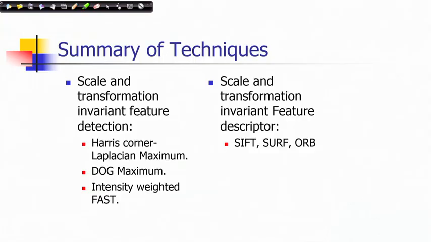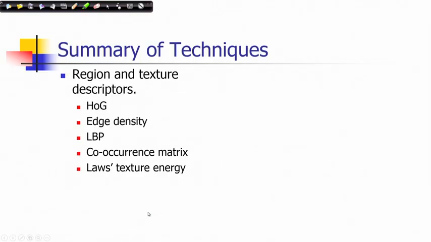So, these are different kinds of descriptors that we discussed, and we discussed also the region and texture descriptors, that is another kind of description related to images.